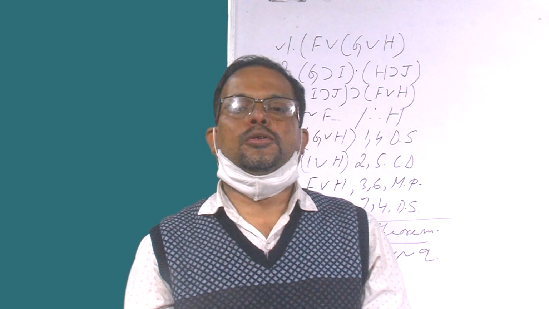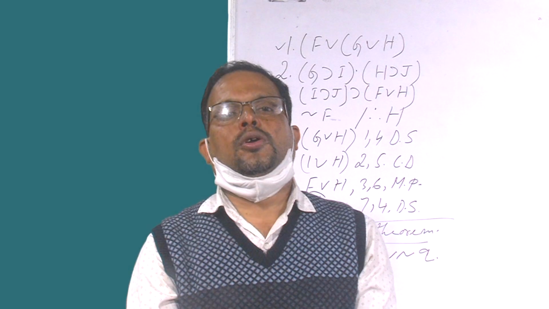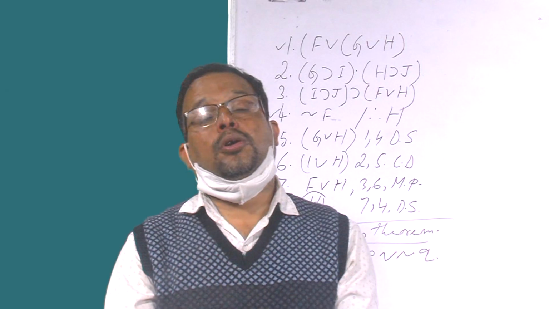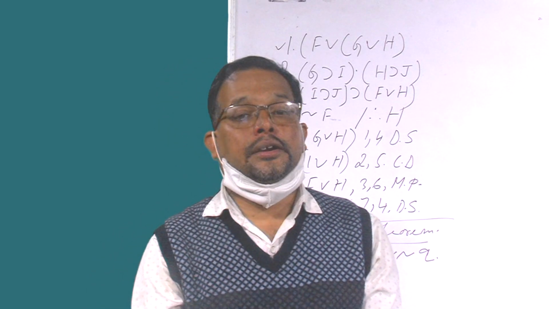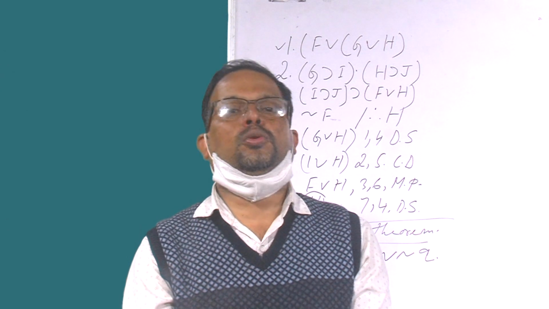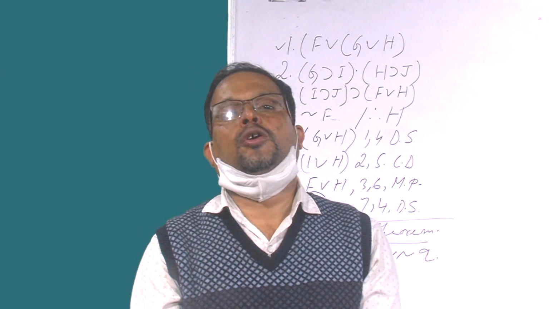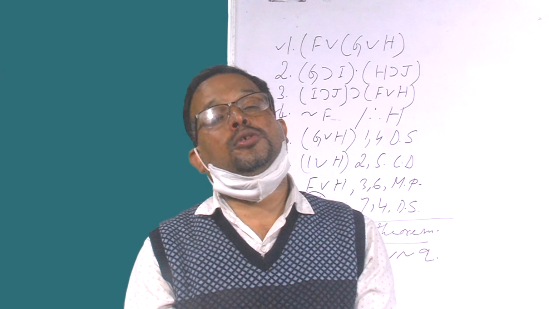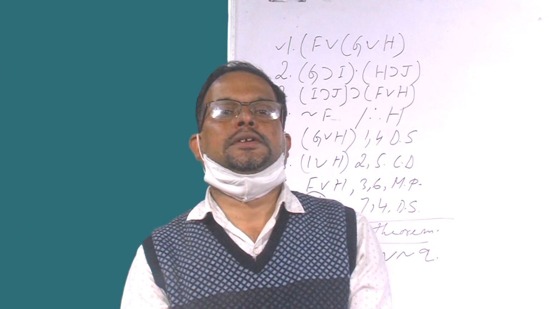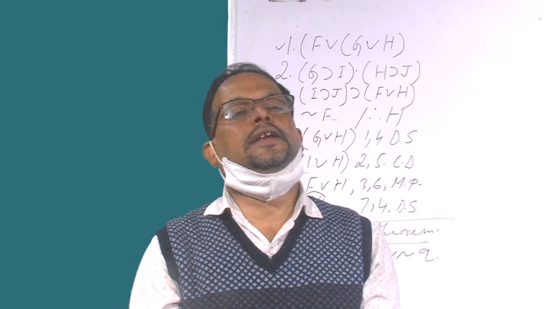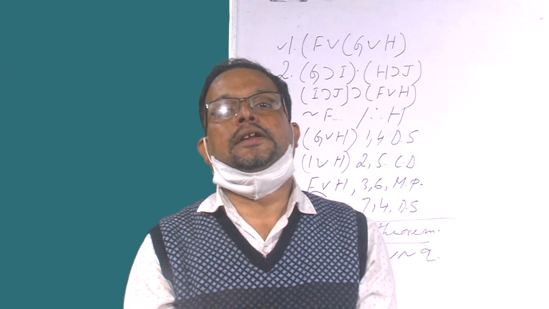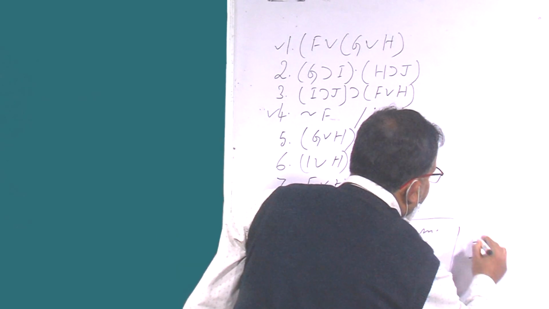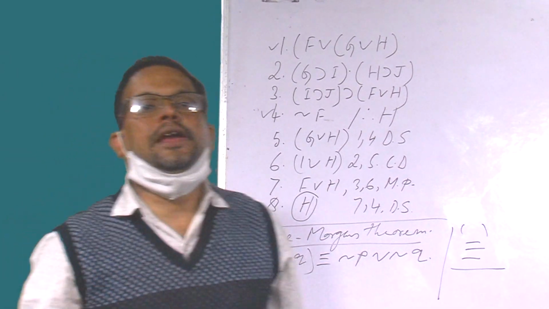So in deducing a conclusion in a formal proof of validity, dear learners, you have to know both sets of rules, that is, rules of inference and rules of replacement. Each rule of replacement is stated as an equivalence, that is, we use the equivalence sign as the main connective.